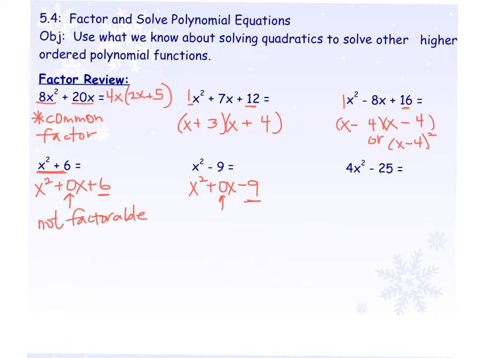And then to get negative 9, if we use the 3 and the 3, like so, to get negative 9 when we multiply, one of them needs to be negative. And then to get 0 when we add, as long as one's positive and one's negative, that would give us both situations. This is called a difference of two perfect squares. And we talked about this factor rule back in chapter 4.